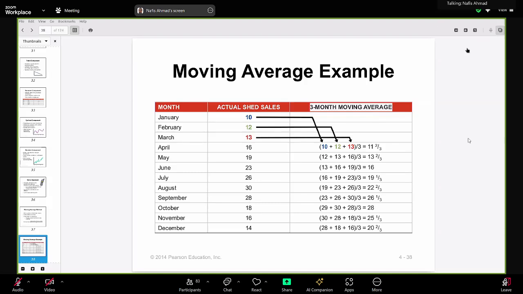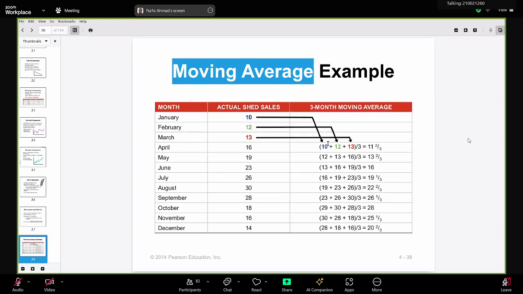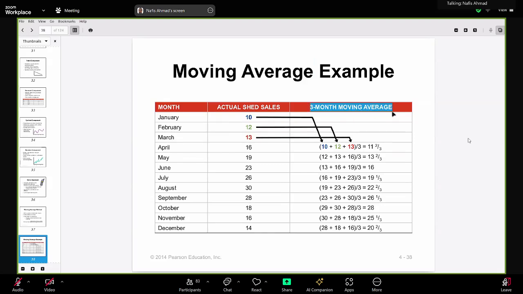So what is a 3 month moving average? Moving average takes the recent past information. For example, it can be a 3 month moving average, it can be a 4 month moving average, it can be a 3 week moving average.